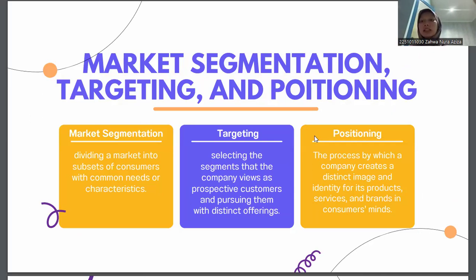In targeting, it is selecting the segment that the company views as prospective consumers and pursuing them with distinct offerings, and positioning is the process by which a company creates a distinct image and identity for its product, service, and brand in consumers' minds. Next, please.